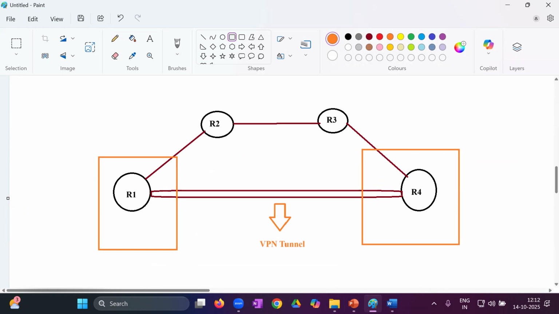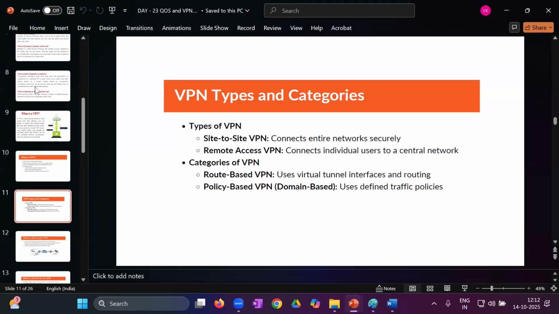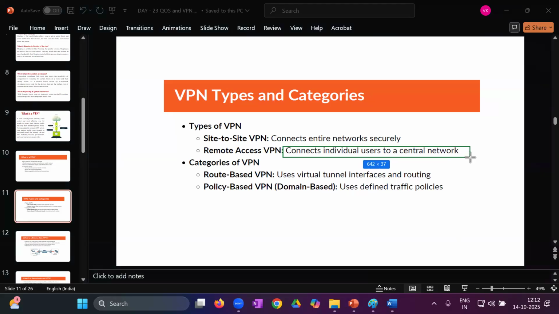So one is site-to-site VPN and one is remote access VPN. It says that it connects individual users to a central network. So when an individual present in a different location wants to access a physical server or any devices through a VPN, that is called a remote access VPN. Is it clear?